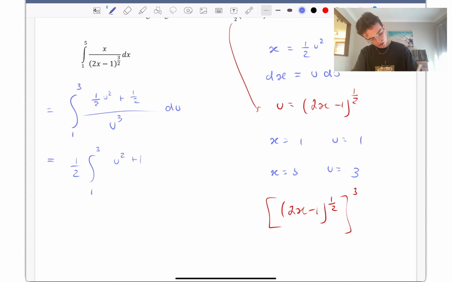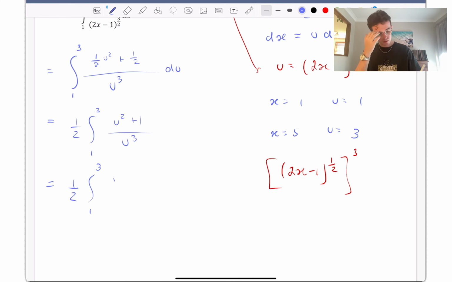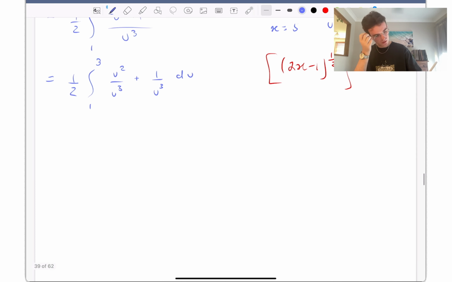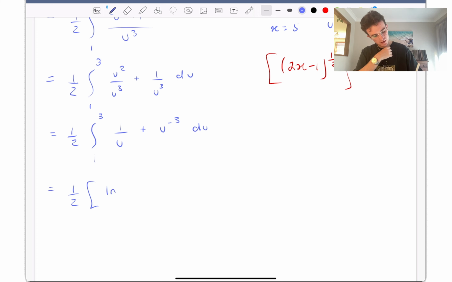This is equal to a half times the integral from 1 to 3 of u squared on u cubed plus 1 on u cubed du, which is a half times the integral from 1 to 3 of u squared on u cubed, which is 1 on u, plus u to the minus 3. So we've got a half, integrate 1 on u, we get ln of u, plus, what's that going to be?